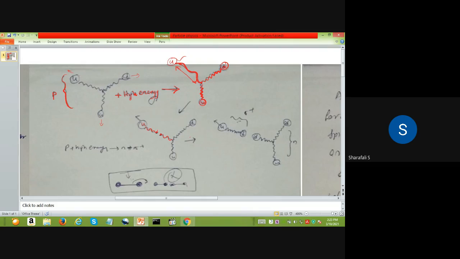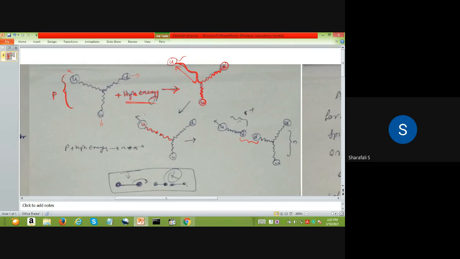But this is with the presence of high energy. Okay. So when there is very high energy present in this particular process, that high energy will immediately produce a quark antiquark pair. When this break happens, there is very high energy.